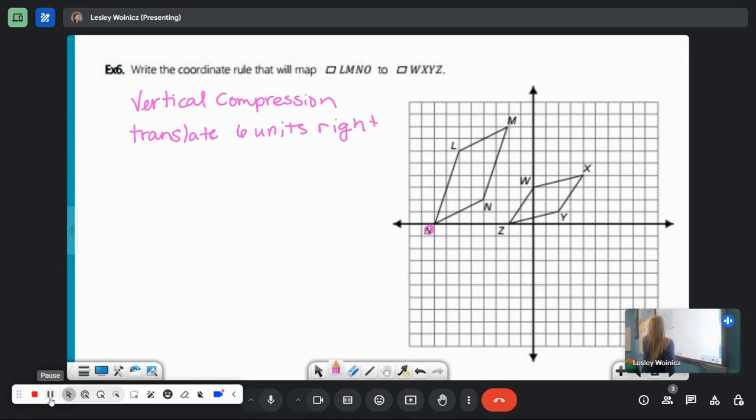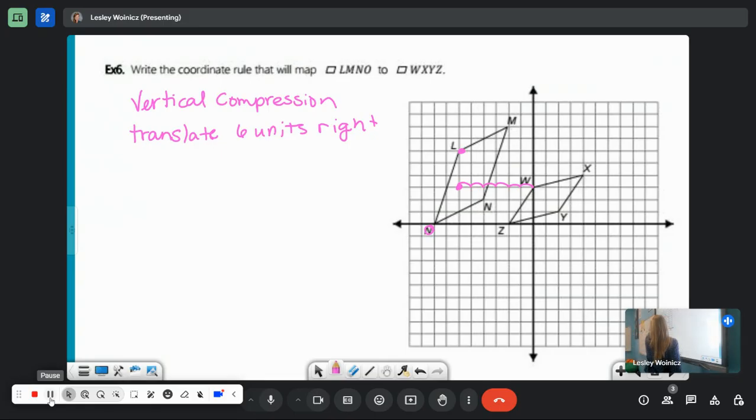So if I undo the translation, let's move W back 6. 1, 2, 3, 4, 5, 6. You guys see that before we did the translation, we were looking at these two, right? Those are the corresponding vertices.